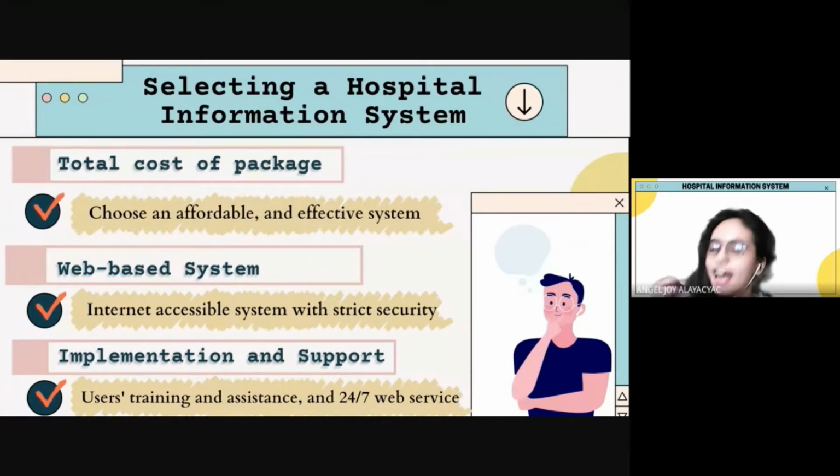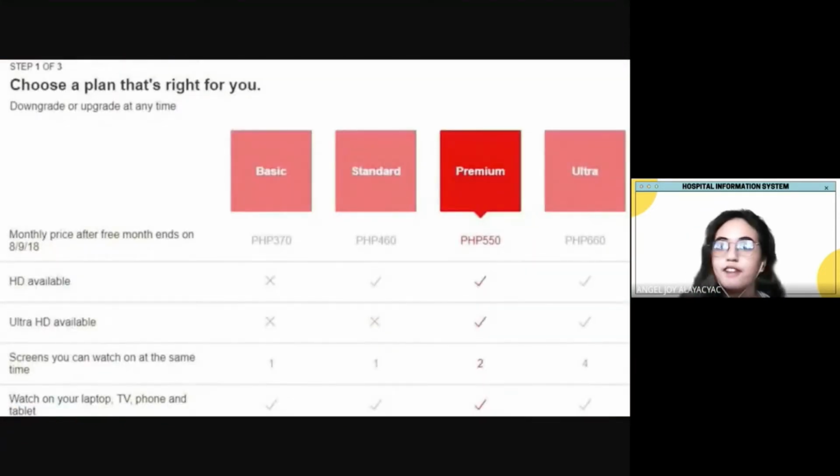Yes, acquiring a hospital information system is a liability, just like how we connect this to a Netflix account. Netflix accounts have varieties of prices depending on the usage and access of the users. Basic Netflix accounts can only use one device and are limited to only one user.